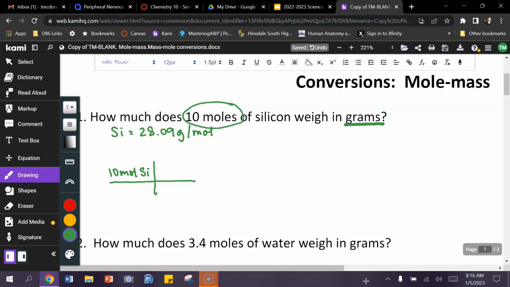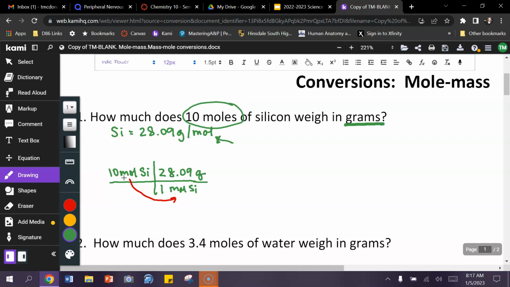The next thing we do is we demote the unit. What that means is we're going to write moles of silicon here at the bottom. And we already know that 1 mole of silicon is equal to 28.09 grams.